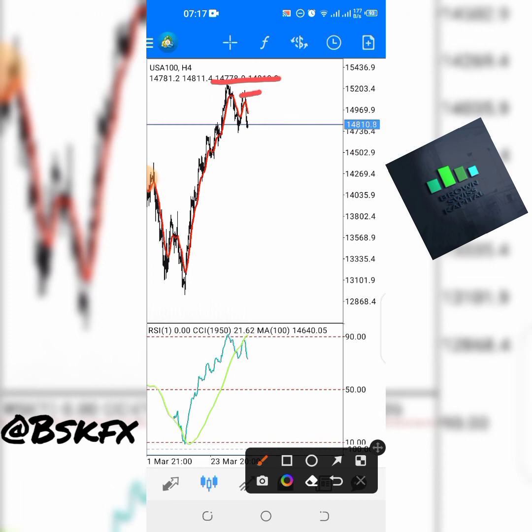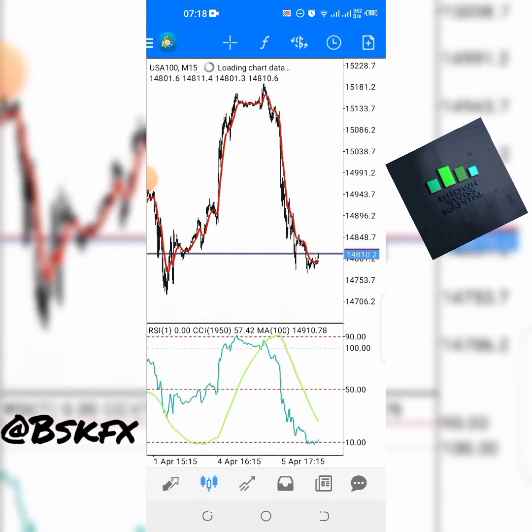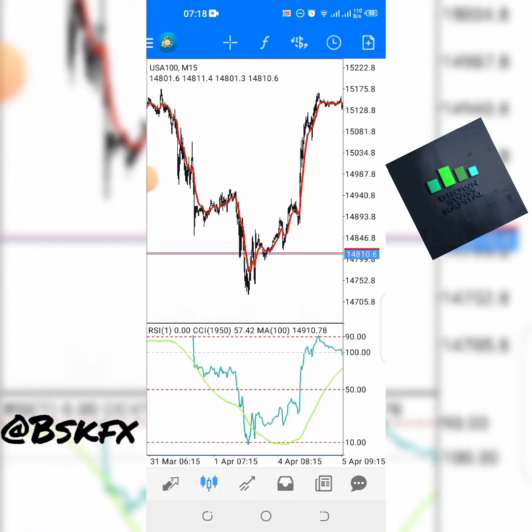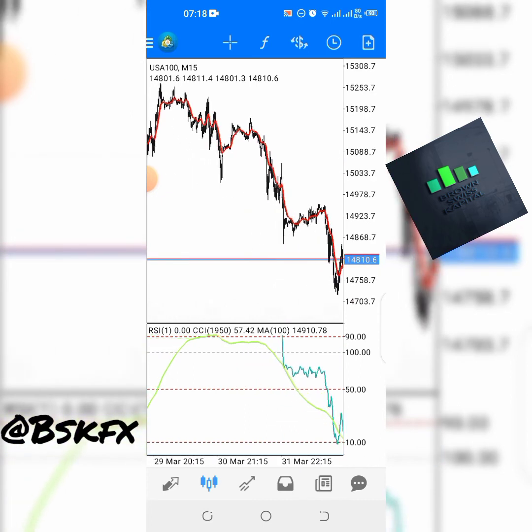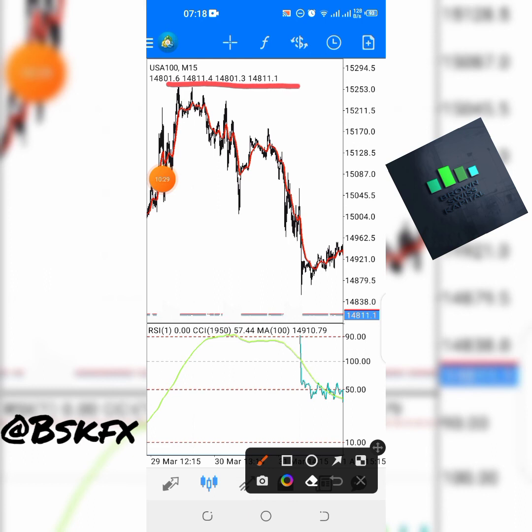Or you can put a tight stop loss even on the M15, because it was around this level where the sell was. You can just go back on the chart to see if there's a level higher, something like that.